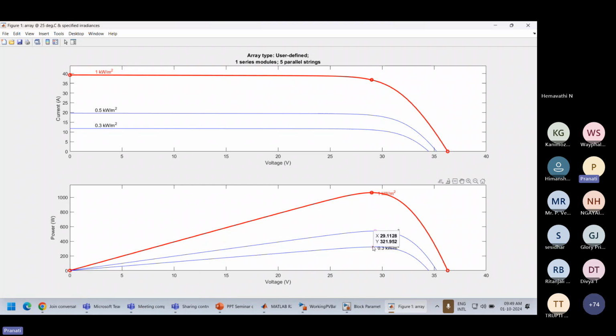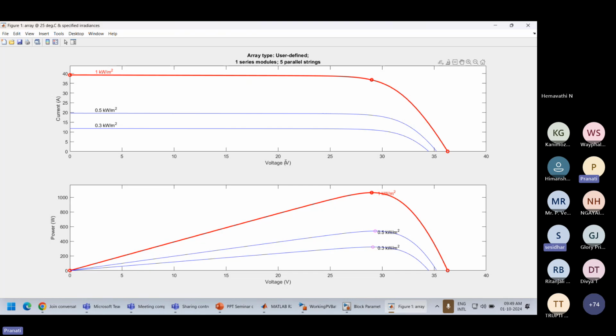At 300 watt per meter square, power is 321 and voltage is 29.14. Similarly, at 500 watt per meter square, we can see the x-axis and y-axis value of 539 watts. So as the irradiance increases, our output power goes on increasing.